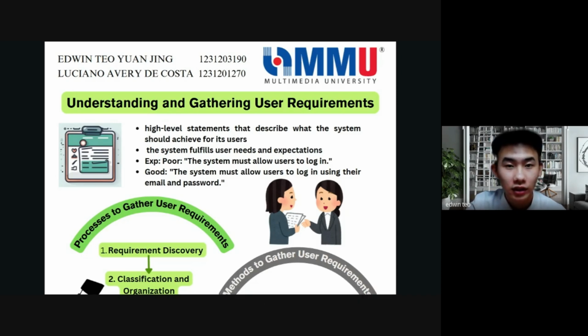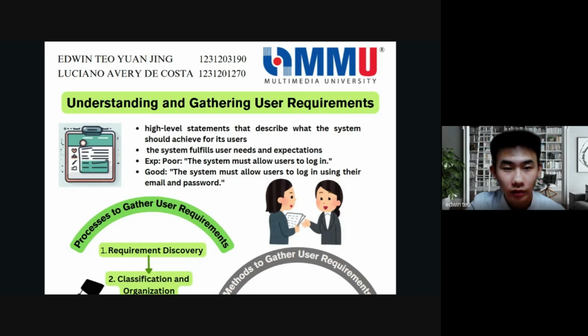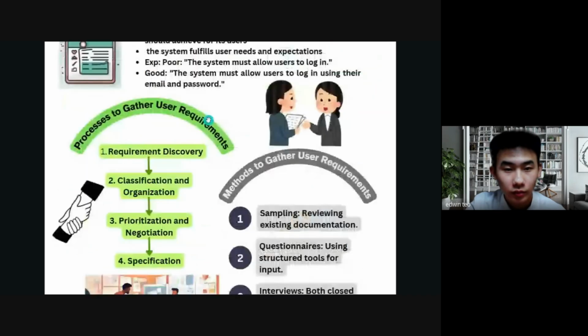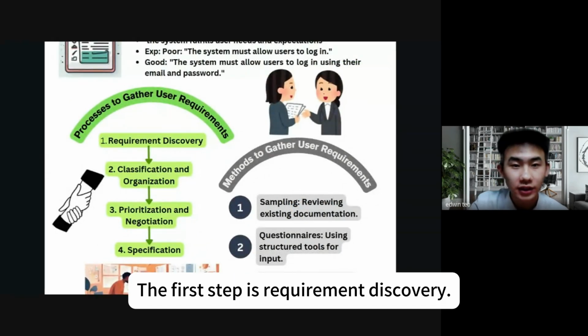Next, let's look at the process involved in gathering user requirements. There are four main steps to follow in this process. The first step is requirement discovery.